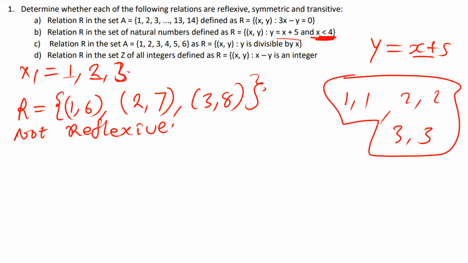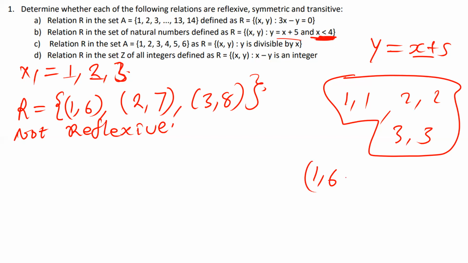Apart from that, we also need to determine whether it's symmetric. To determine that, you need to check, for instance, if you have (1, 6), and you can just check one pair, because if this exists for 1 and doesn't exist for other numbers, then it's still not symmetric.